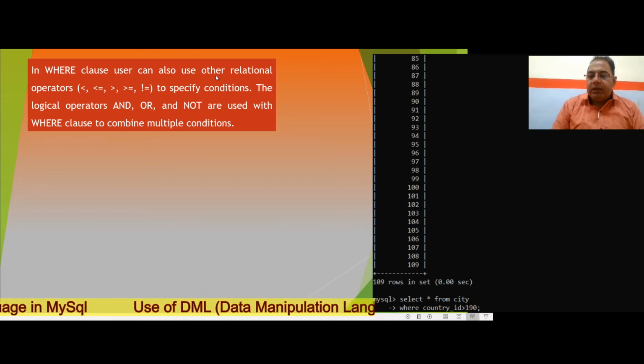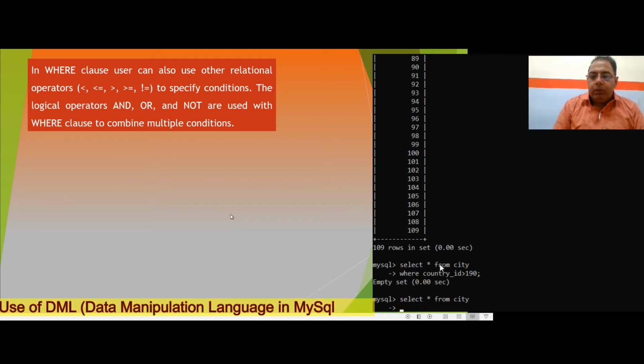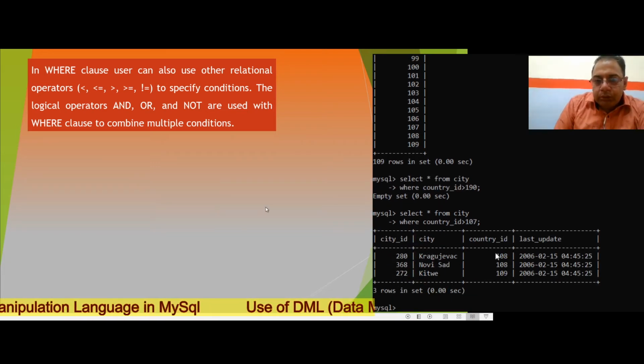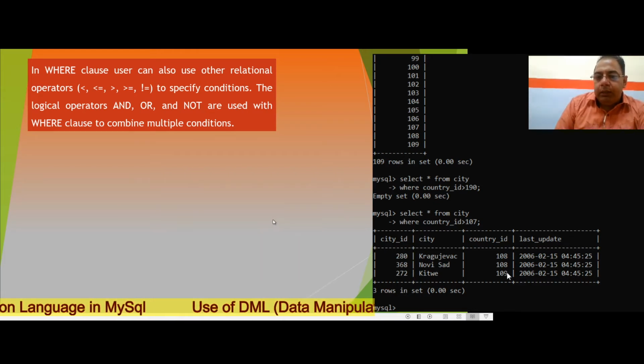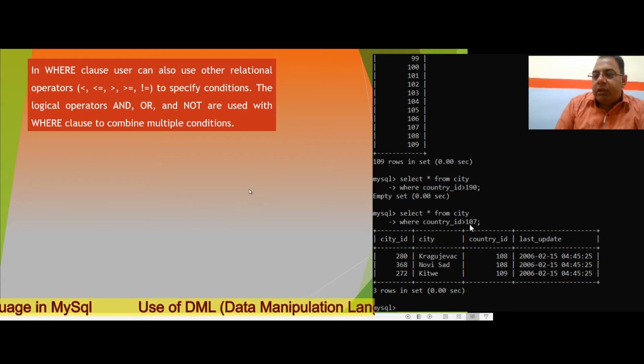I will just press enter. Here empty set means no country id is there greater than 190. But if I write the same syntax where I will write 107, it will display 3 records. Country id 108, 108, 109 means I have displayed here greater than 107.